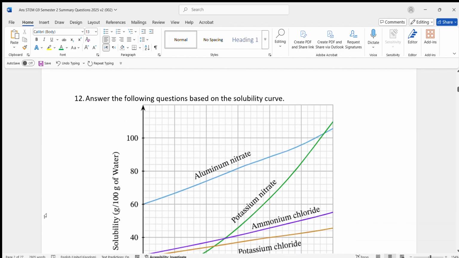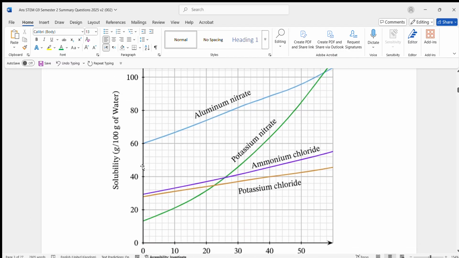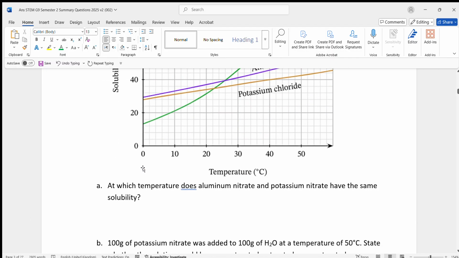Now question number 12. Here a graph is given to you, and you have questions on it. Question A asks: at which temperature do aluminum nitrate and potassium nitrate have the same solubility?